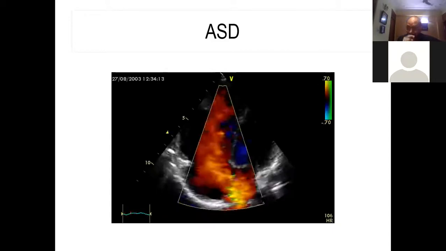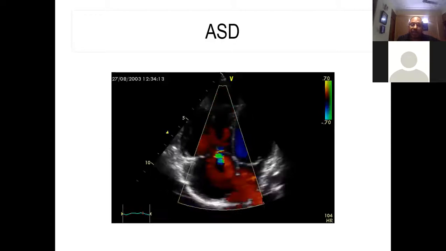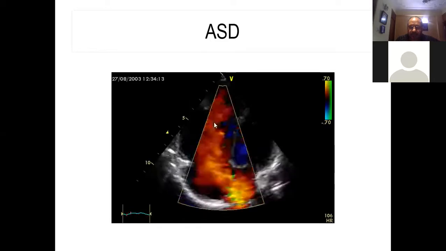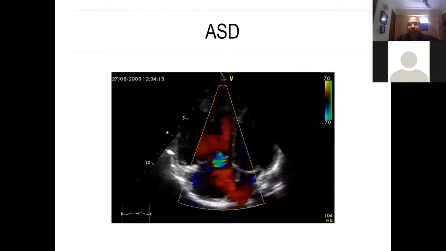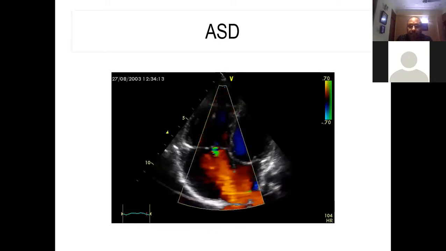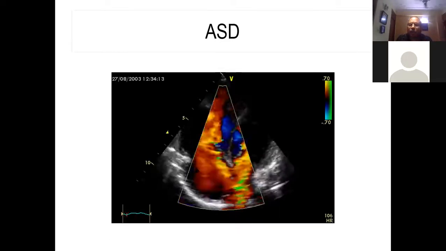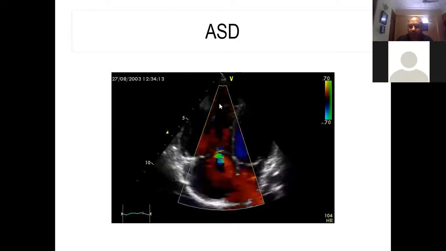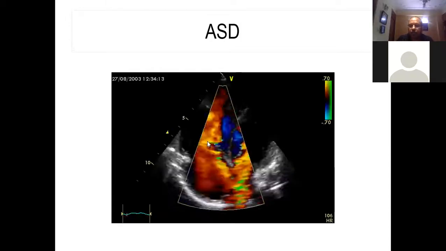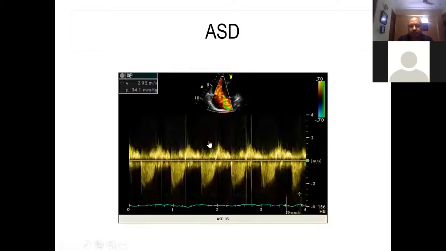There has to be a shunt. The shunt is only appreciable when the RV and RA are bigger in size. They have to be bigger because this is not a pressure generated scenario. It's a volume. A lot of extra volume is being loaded on the RV and RA.